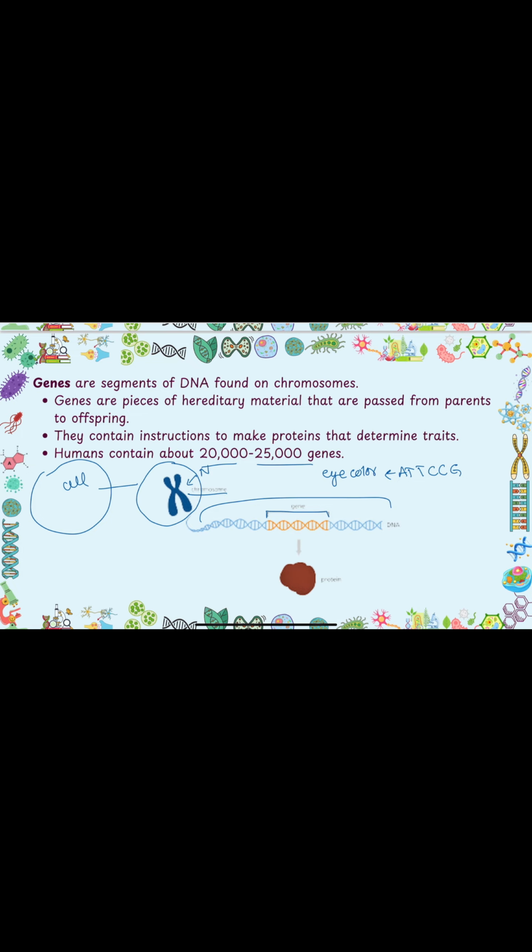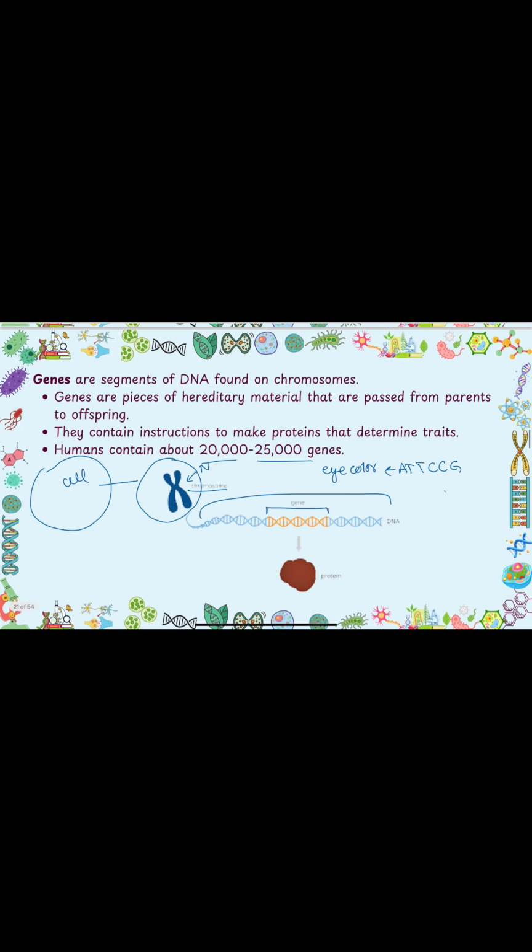Or another would be CCGGAT. This will be the code for your hair color. So this gene is transcribed into messenger RNA. This messenger RNA then helps to synthesize the protein in the body. So in humans we have 20 to 25,000 genes.